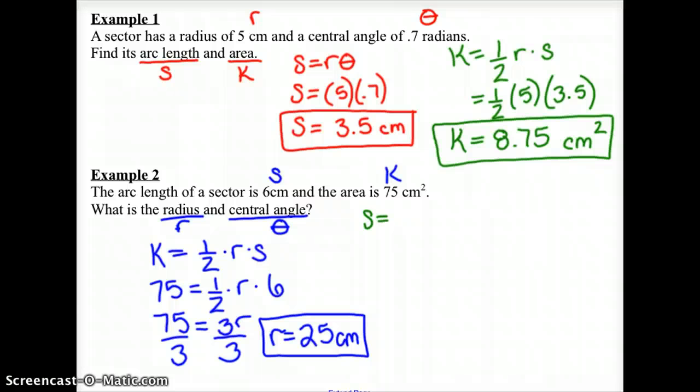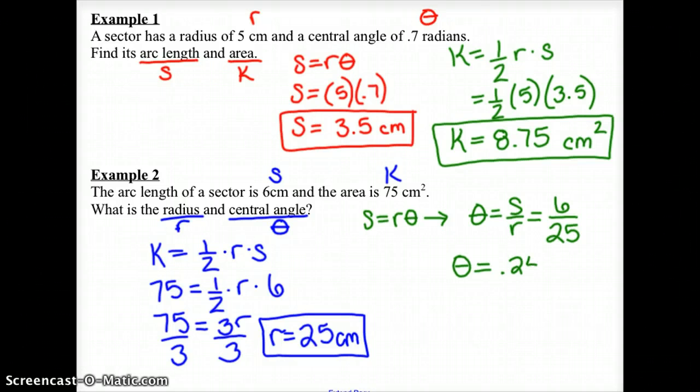Using s equals r times theta, I can rewrite this as theta equals s divided by r. So my s value is 6, my radius I found was 25. If I divide this out, I get theta to be 0.24, and this is a radian measurement because s equals r theta is a radian formula.